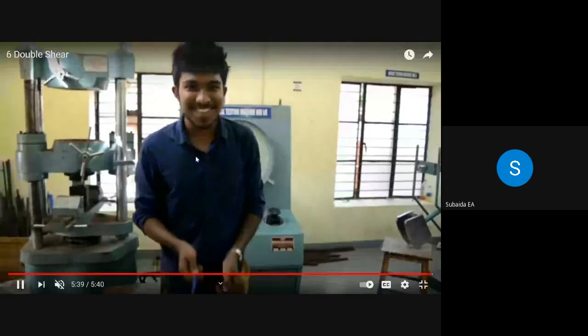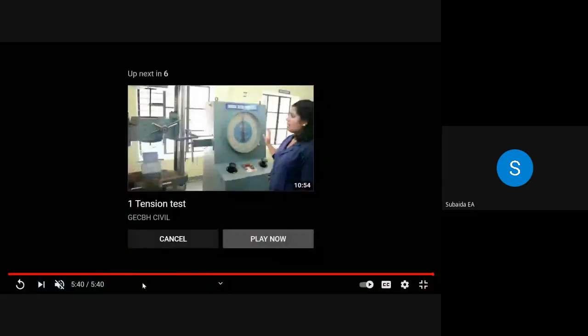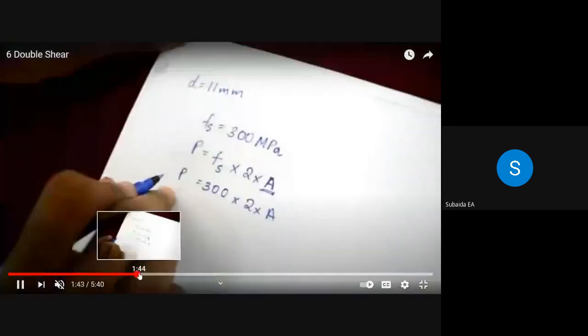So that's all about the machine. The part that is not familiar to you is the shear shackle.